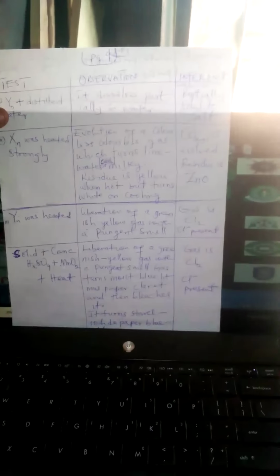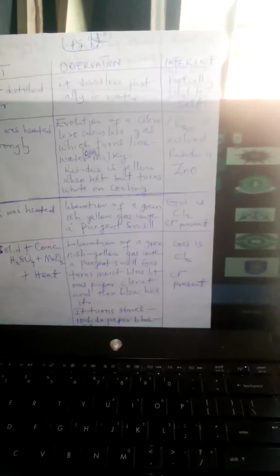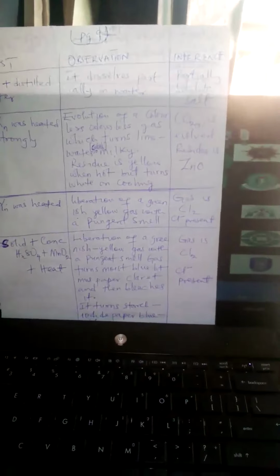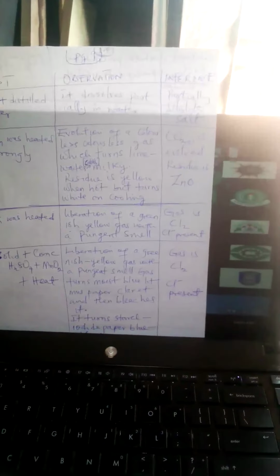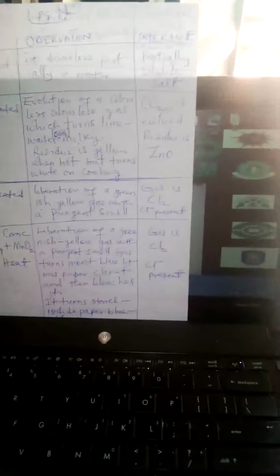Then XN was heated strongly. Then what is your observation? Evolution of a colorless, odorless gas which turns lime water milky. Lime water is the same thing as calcium hydroxide.